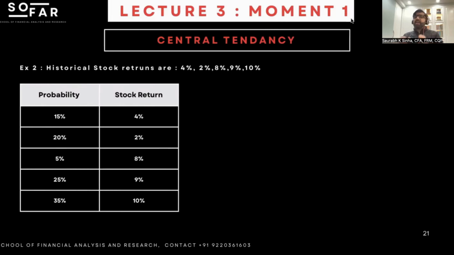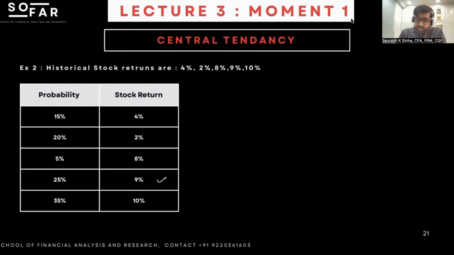Or I've studied 5 years of monthly data and found that there is a 15% probability that the stock return would be near 4%, 20% probability that it would be 2%, 5% probability that it would be 8%, and 25% probability that it would be 9%, and so on. Will I apply the same formula, summation of xi upon n? No. Now the equation has changed.